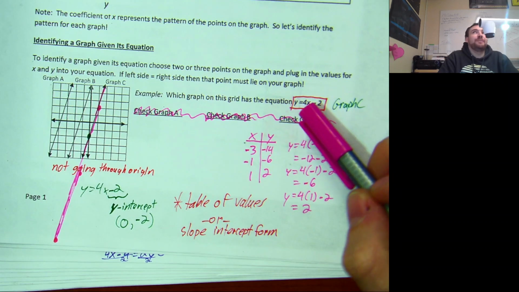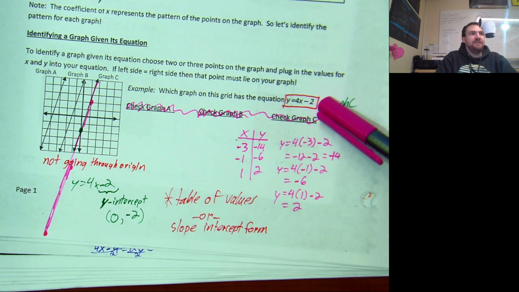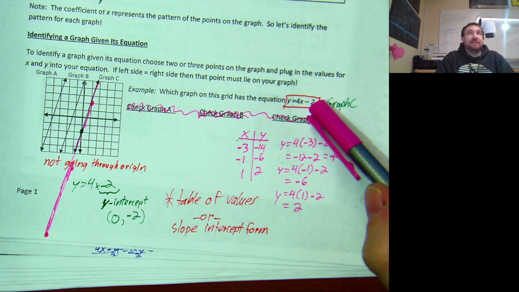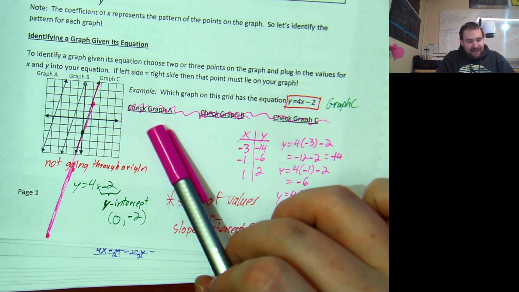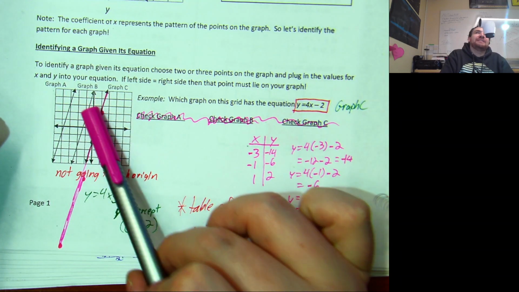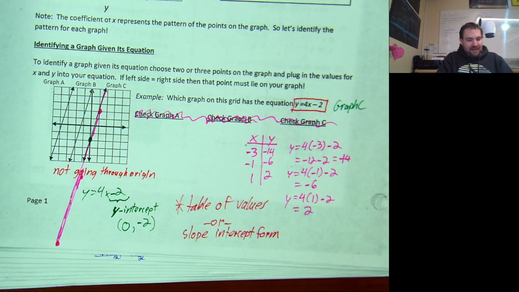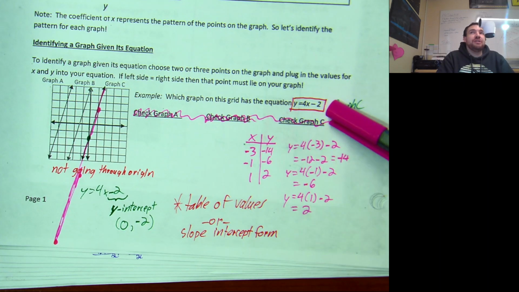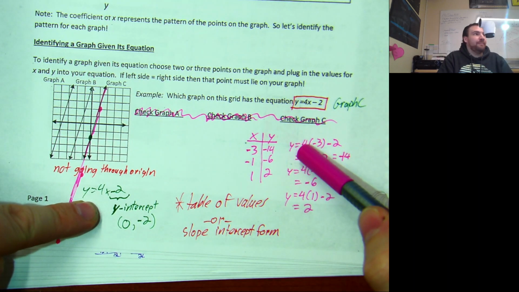The way I approach these questions, and the way I want to teach you to approach them, is to start with the relationship that you're given, and then either use slope-intercept form or a table of values that you build to give you the line that it should be. The way that they were going to have you do it was to pick points on these lines to shove into the equation to see if it worked, which I don't think is a useful way to approach it. The useful way is to start with a relation and then either do some algebra or analyze it using slope-intercept form and going from there.